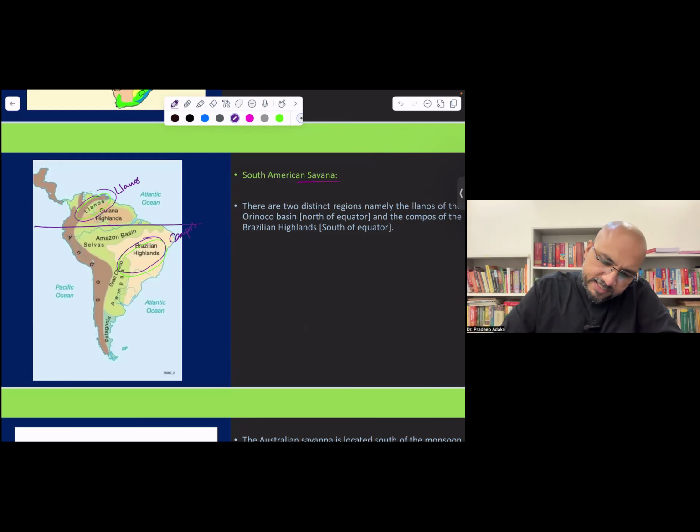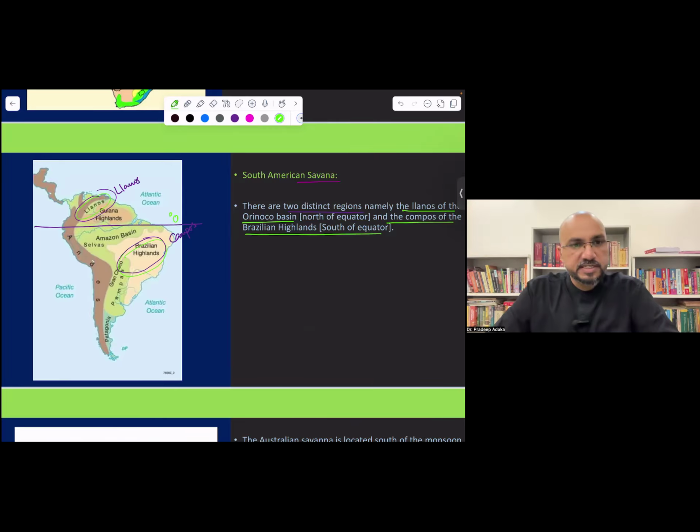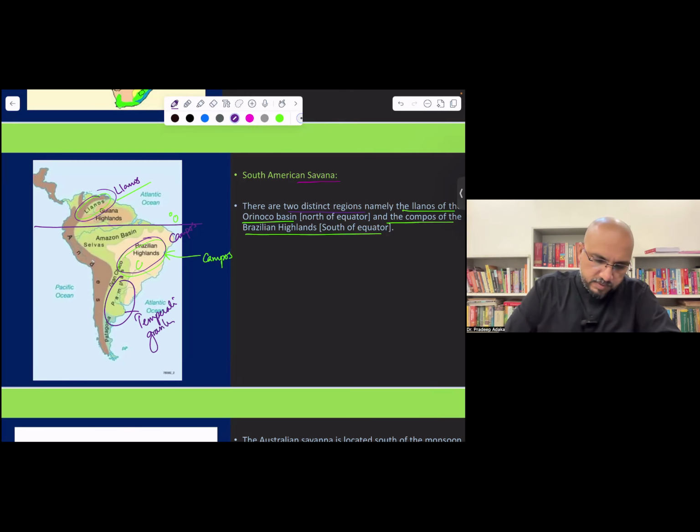So two distinct regions, namely llanos of the Orinoco Basin, which is north of the equator, and campos of the Brazilian highlands, which is south of the equator. Pampas is temperate grassland. Campos and llanos are tropical grasslands. All right.